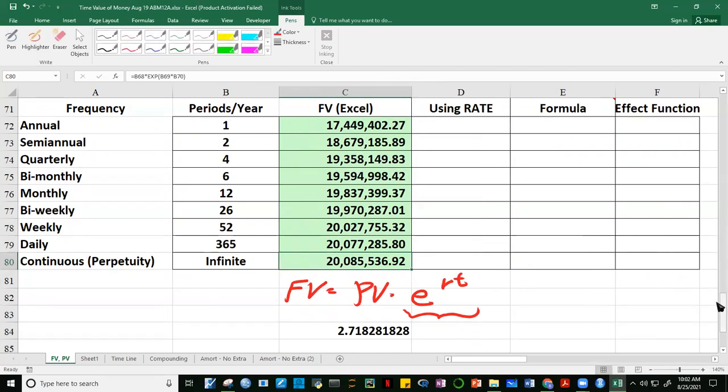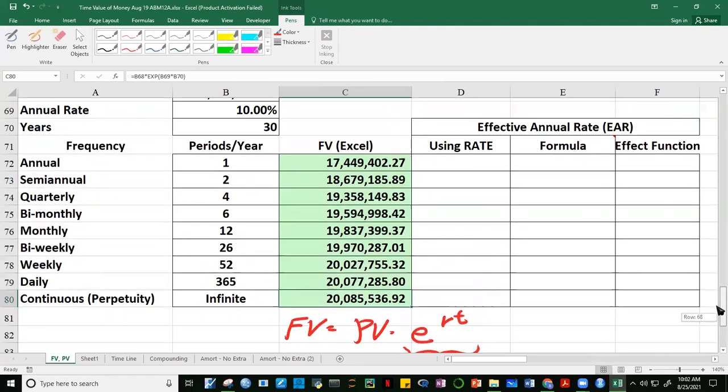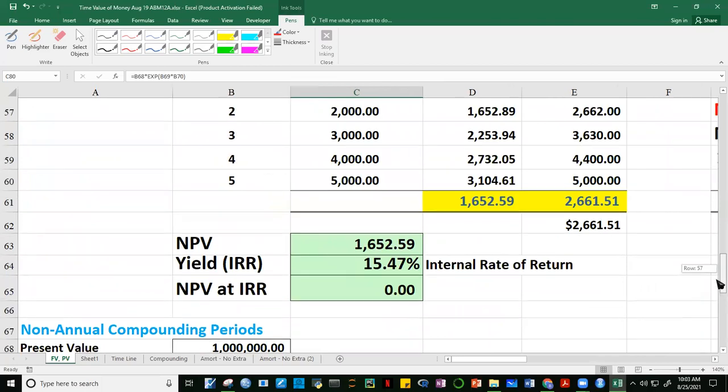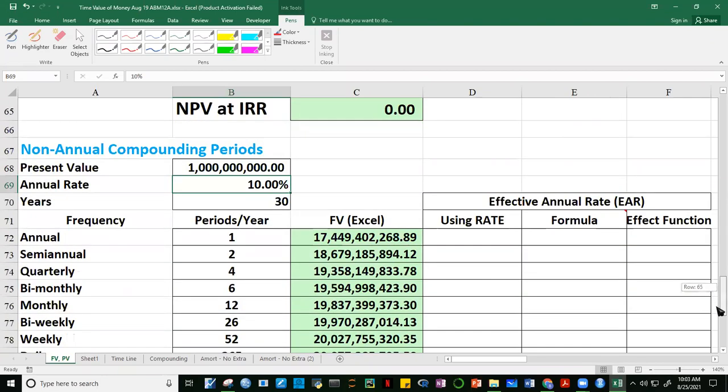Hindi siya masyadong apparent, parang konti lang yung difference. Pero pag malaki na yung amount, let's say yung present value natin gawin natin 1 billion. Dagdagan natin to ng 1 million to 1, 2, 3, 1 billion na siya. So this is 1 billion. Okay, so you can see now the difference.